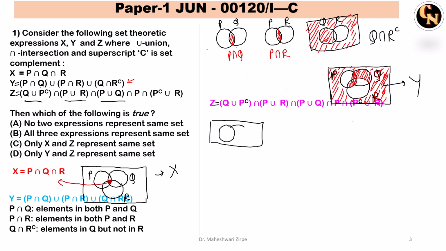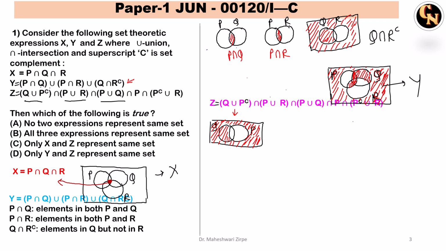Suppose these are the two sets, this is your Q and this is your P. Now when they are in union with P^C, it means the whole Q set, let me show with the red one, and P raised to C, that is the complement of P, will be the whole part other than the P set, which is in the universe. So this will represent my first thing, that is Q union P complement.